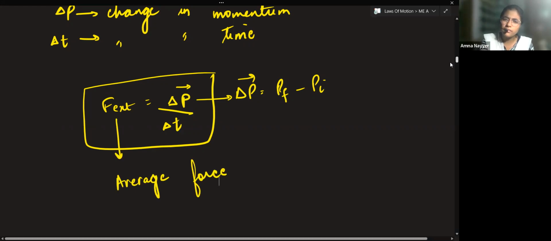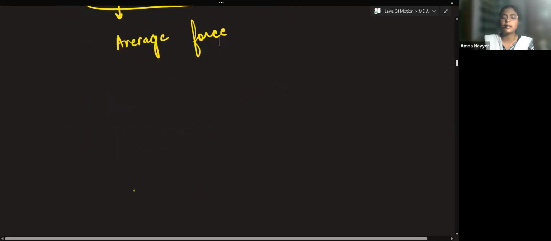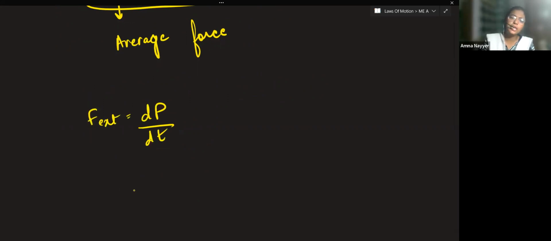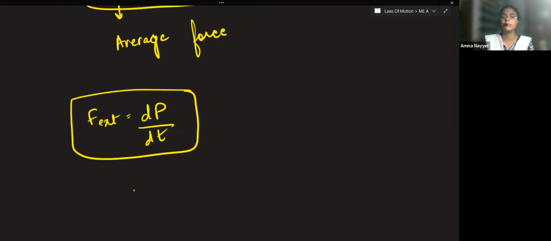If it's a very infinitesimal change, you will write F external as dp over dt, that is, you differentiate momentum with respect to time. This gives you the instantaneous force.